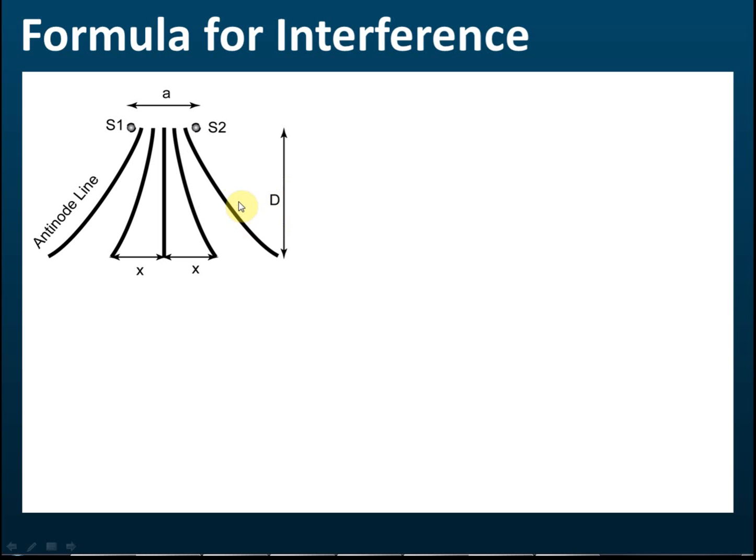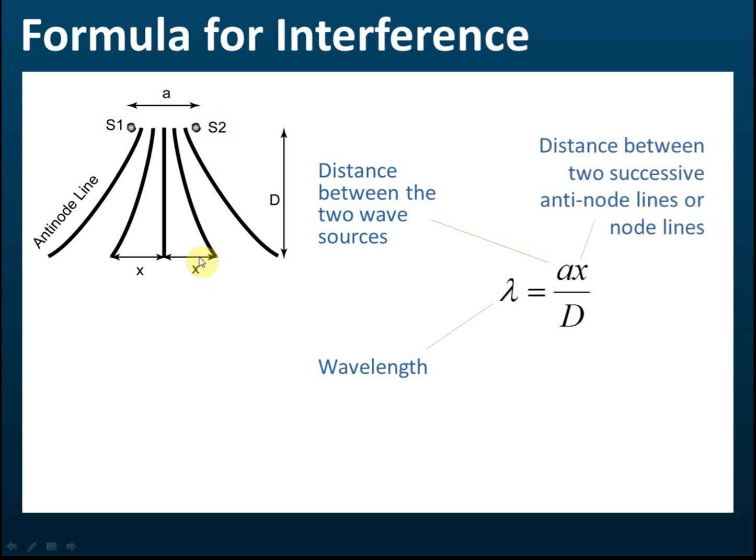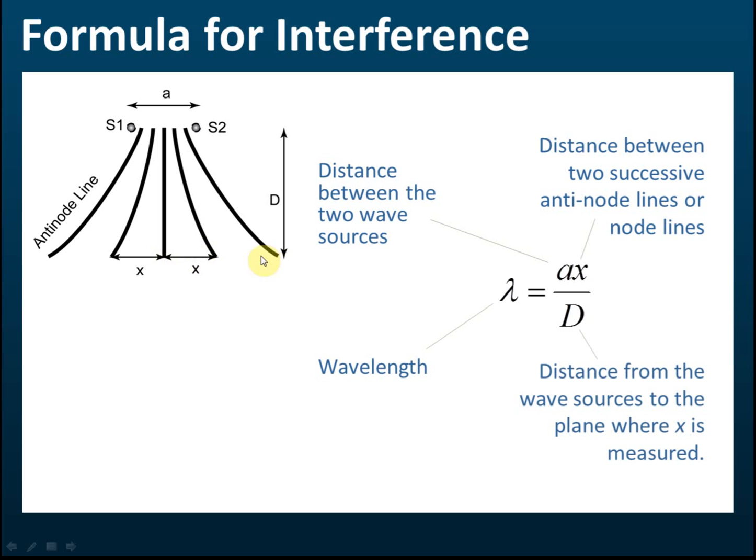Then the wavelength of these two coherent waves can be calculated using the formula lambda equals a x over D, where lambda is the wavelength, a is the distance between the two sources, x is the distance between two successive antinodal lines, and D is the distance from the source to where x is measured.